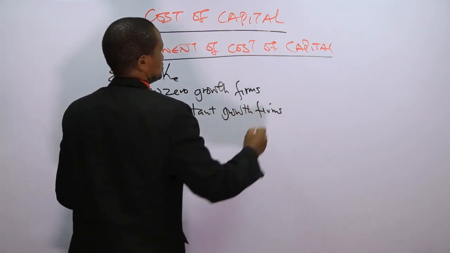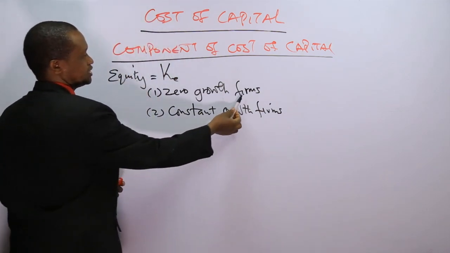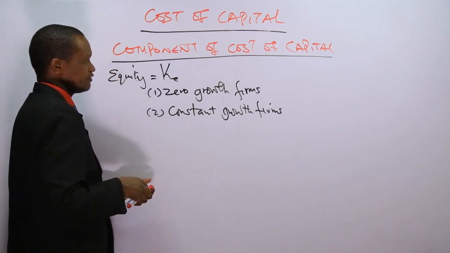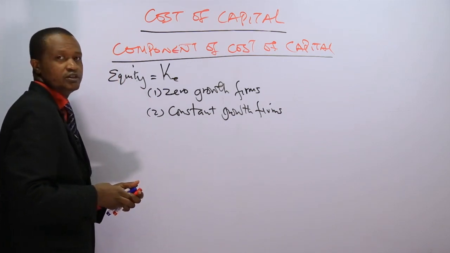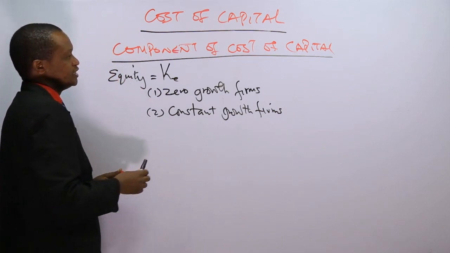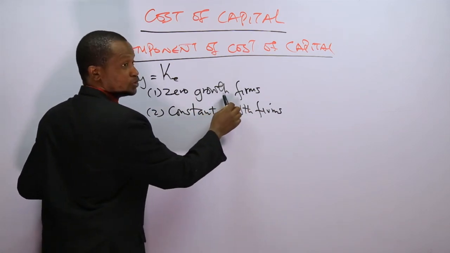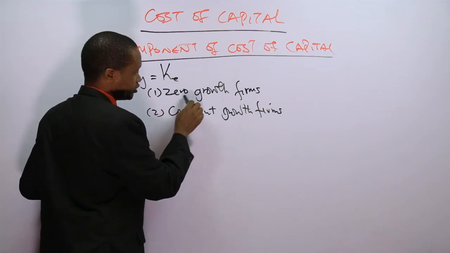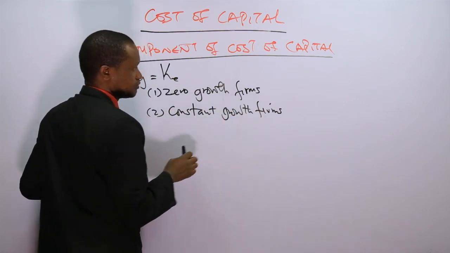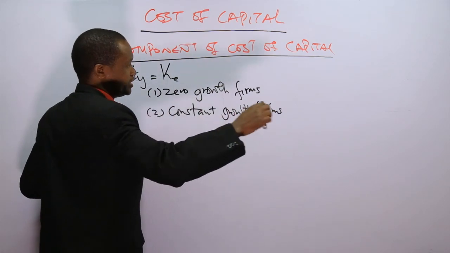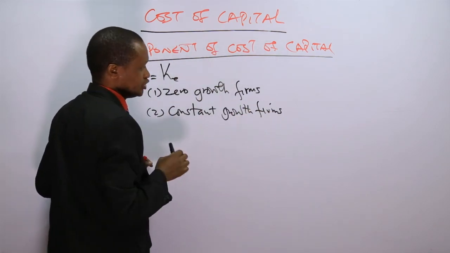Now, as the name suggests, a zero growth firm is a firm whose dividend per share does not grow. There is no growth. The dividend per share year after year does not change.